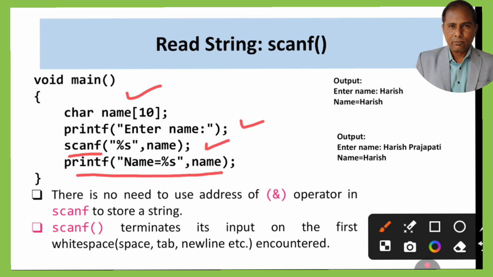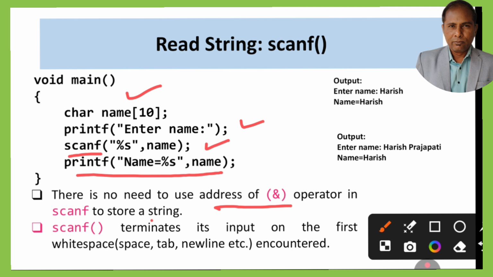What is the difference? There is no need to use the address operator in scanf to store the string. In scanf we normally use the ampersand symbol, but in the case of a string with percent s, there is no need to use the ampersand or address operator.